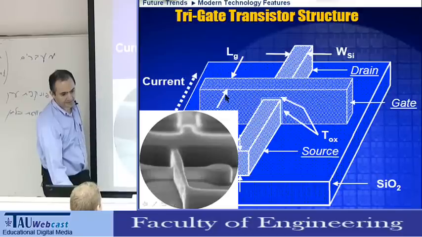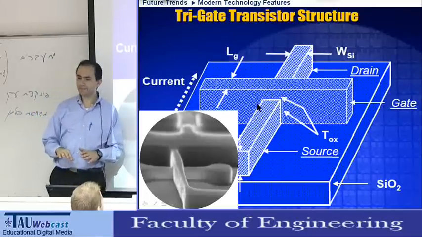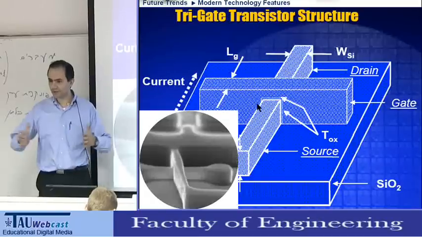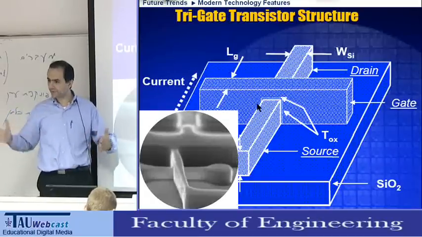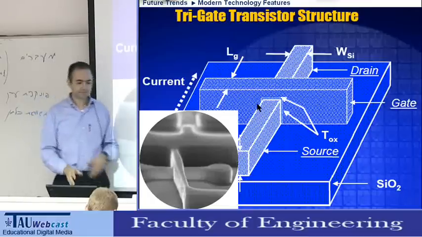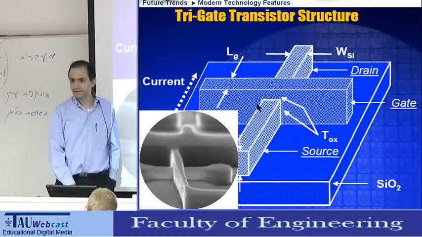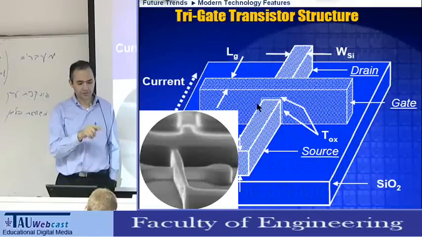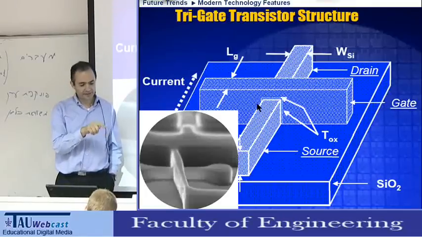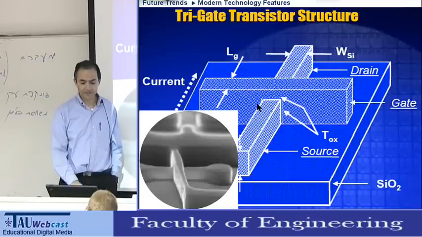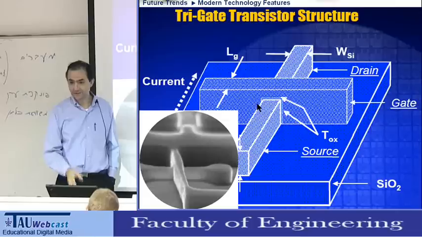Like here, this is the gate, and it controls the silicon also from this side and from the other side here. So we can shut the leakage better, because we shut it not only from the top but also from the sides. Today Intel has a commercial process that has this available. So what Gordon Moore said in 2005 is actually in production now. Well, he knew what he was talking about clearly.